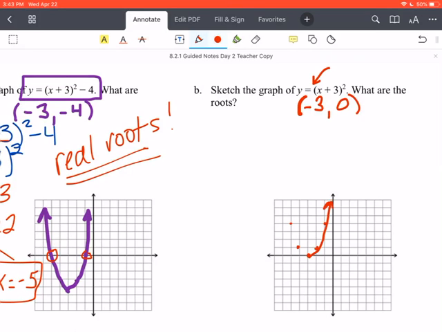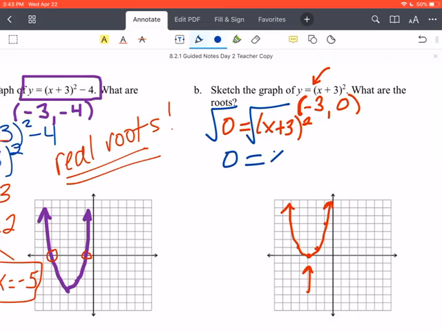And we can quickly see that how many roots are there going to be? There is just going to be 1 root, but if we want to solve this systematically, we can do 0 equals (x plus 3) squared, square root both sides, and when I square root 0, yeah, you can put the plus or minus, but adding 0 and subtracting 0 is just plain old 0, so that's the only number that we ignore the plus or minus, and then we subtract 3, so we get 1 root of x equaling -3.